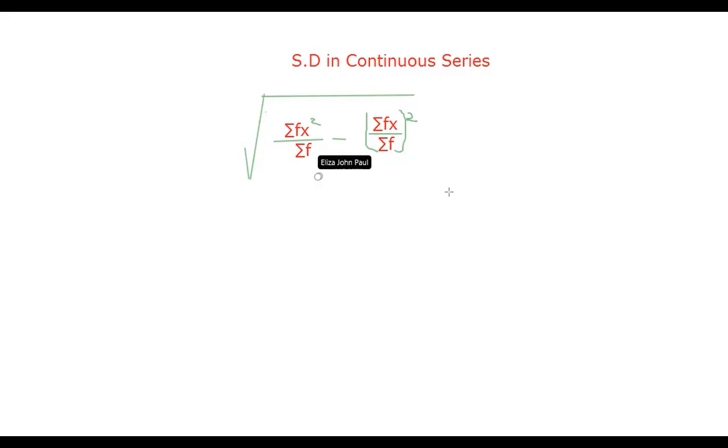That is sigma fx square divided by sigma f minus sigma fx by sigma f to the whole square. And I have already told you that the bracket part, sigma fx by sigma f, we call the arithmetic mean.